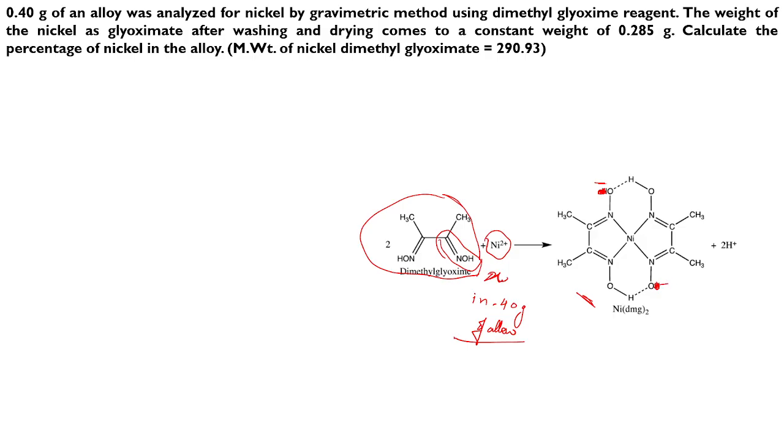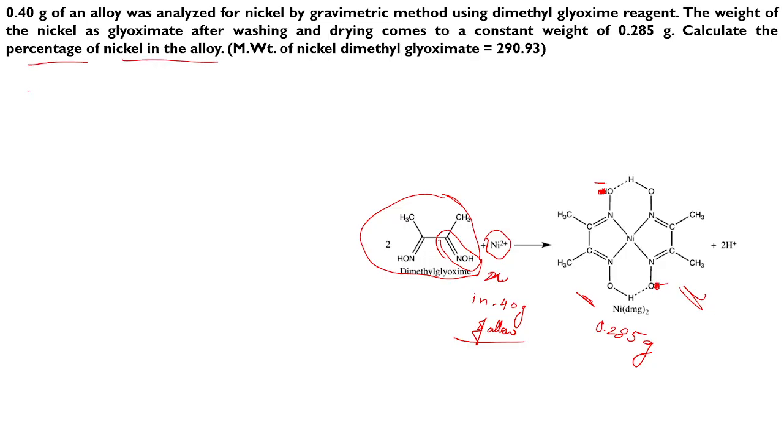So this glyoximate ion is formed by whatever amount of nickel is present in this alloy. After reacting with nickel, it has formed a nickel DMG complex. So this is the structure of this complex, and the amount of this complex is given here as 0.285 gram. What we need to calculate is the percentage of nickel in the alloy.